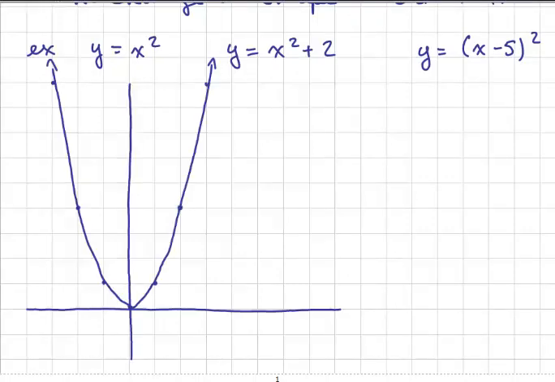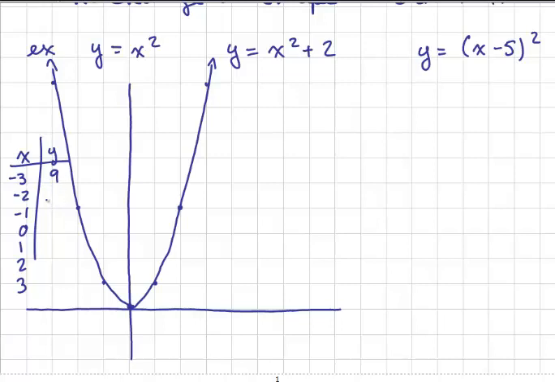And I've gone ahead and graphed y is equal to x squared already. We're used to that parabola, but just to recap for you, if you were to do a simple little table of values here, x and y, and for -3, -2, -1, 0, 1, 2, and 3, we get the y values by just taking the x value and squaring it.